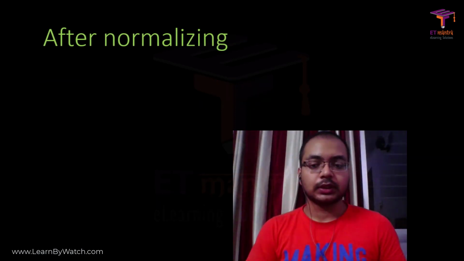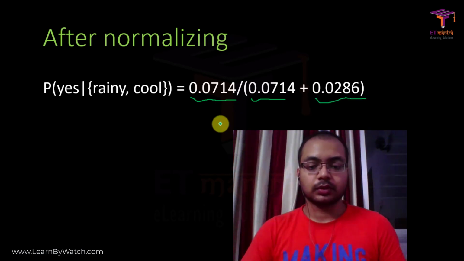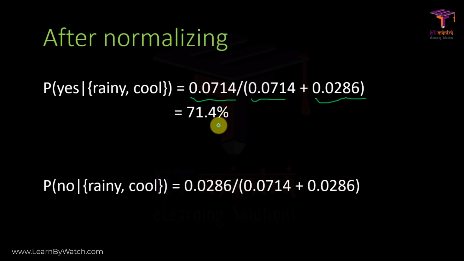Next, we will normalize the two results. The probability of yes given rainy and cool is the value for yes divided by the value for yes plus the value for no. So we get 71.4%. Similarly, calculating for no, we get 28.6%.